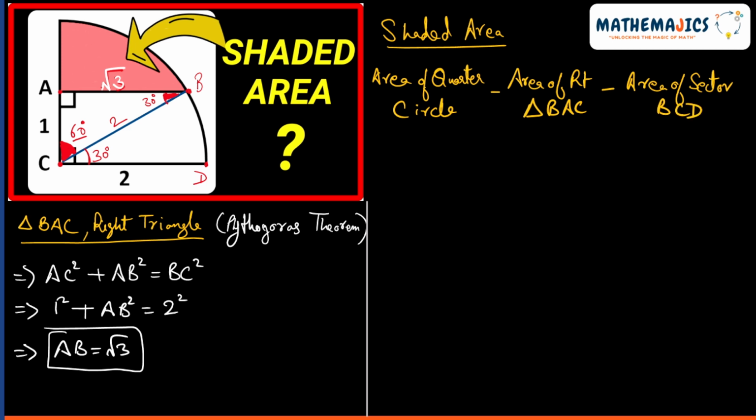From the quarter circle, we can subtract the white area, that is area of right triangle, and area of sector BCD. That will give us the shaded area.